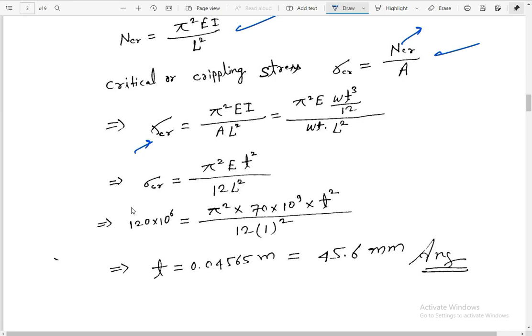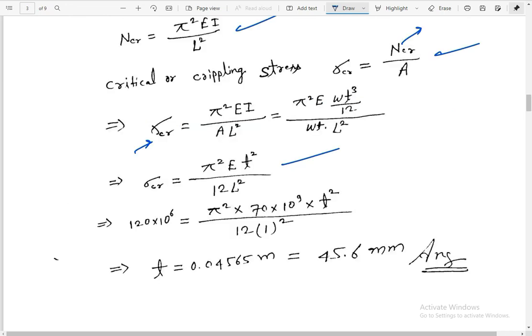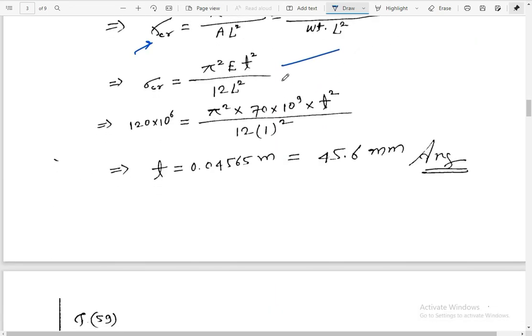So we just put the formula, I is W T cube by 12, and area and L square. We will get this one. We already have sigma CR. Young's modulus is given. Then finally we will get the T value from here, and T is 45.6.